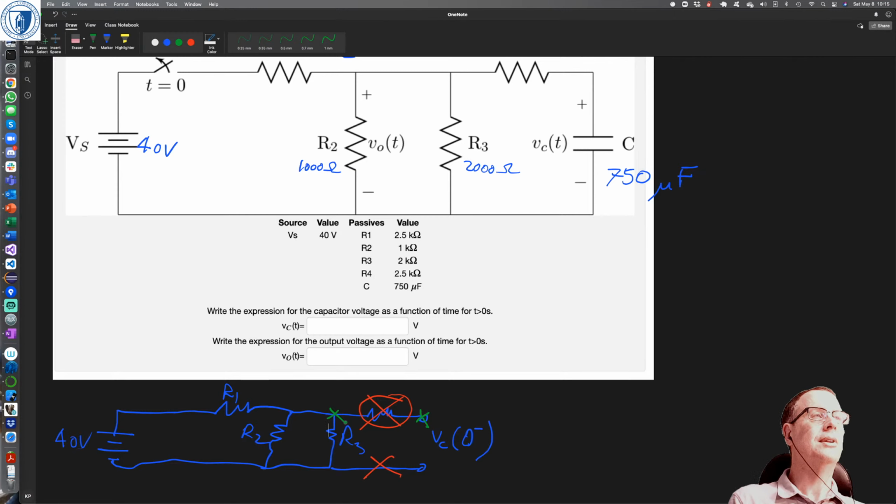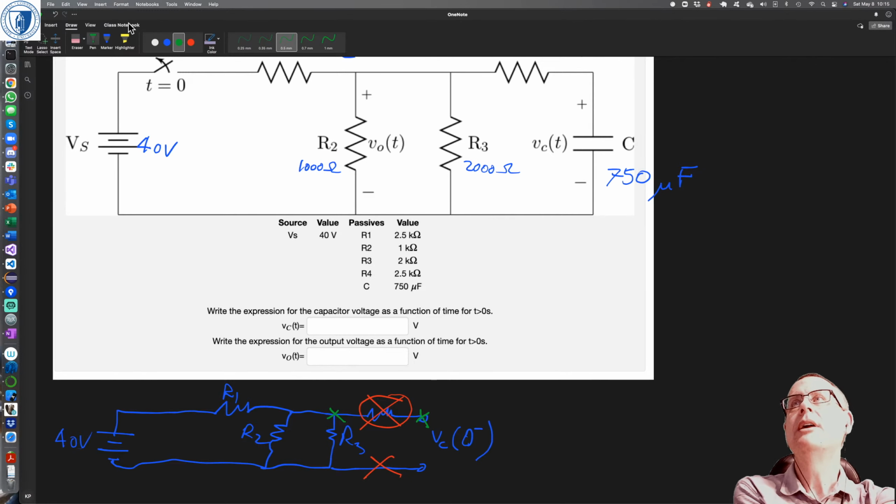There's no voltage drop across R4, so it's like the open circuit voltage that we looked at when we were talking about Thevenin and Norton circuits.